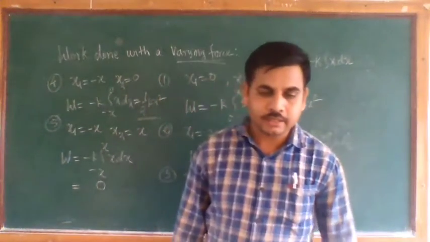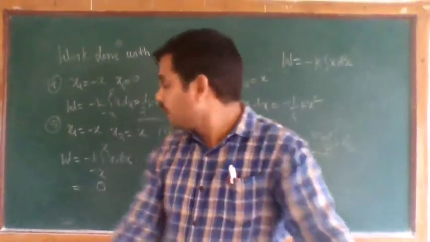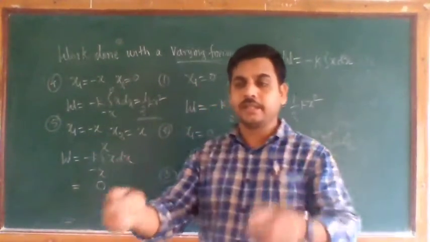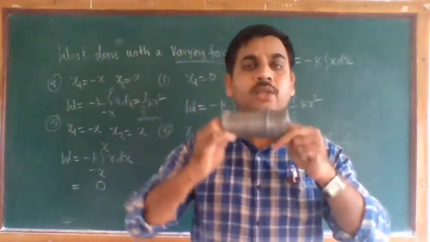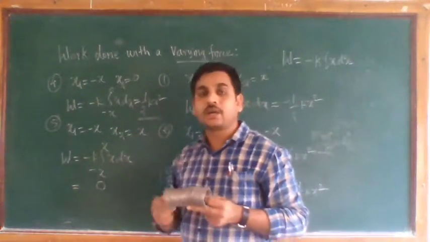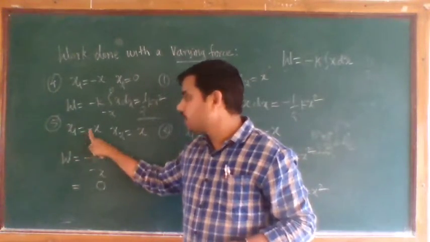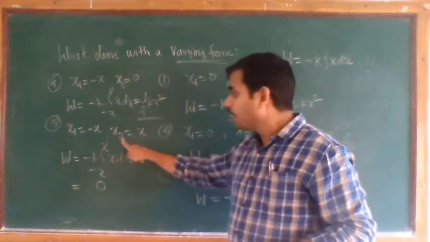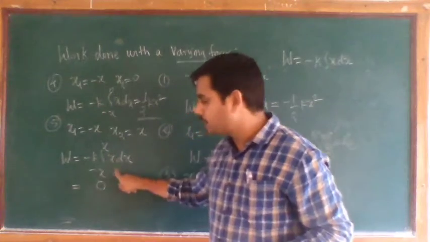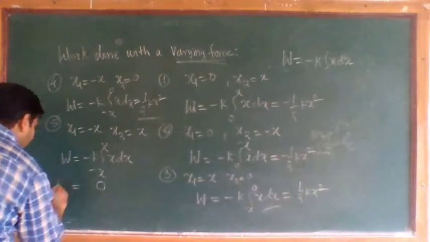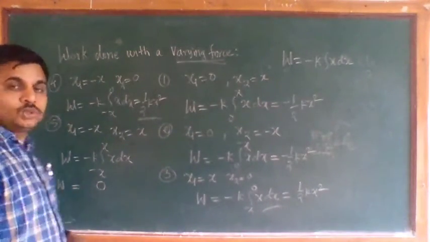Here the spring is initially in the compressed state and finally in the stretch condition, x1 is minus x and x2 is x. If you integrate this, you get total work done equal to 0.